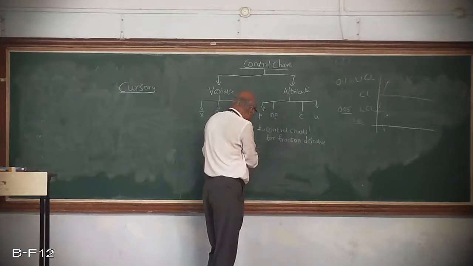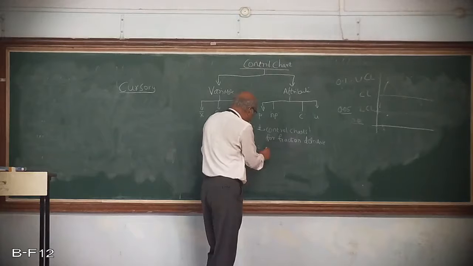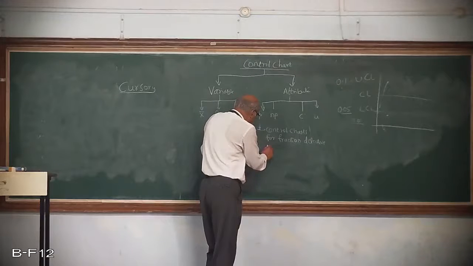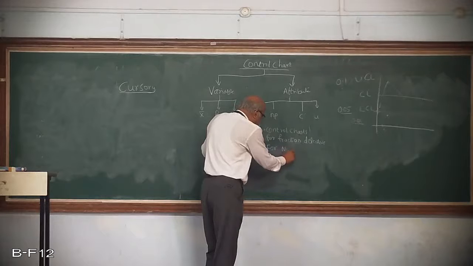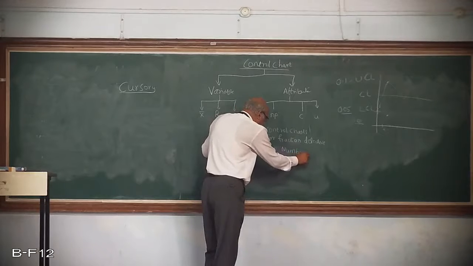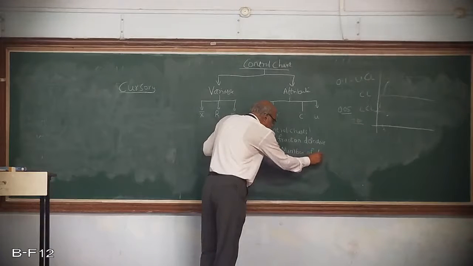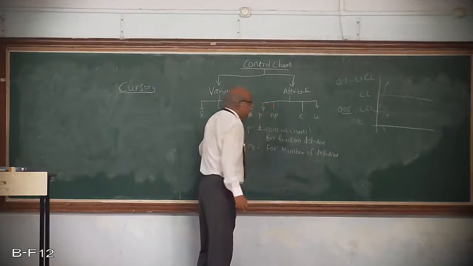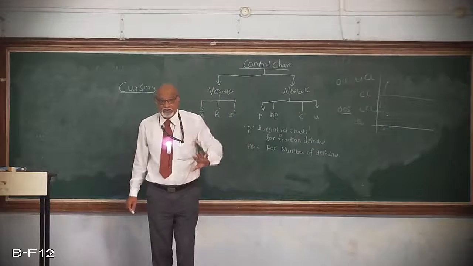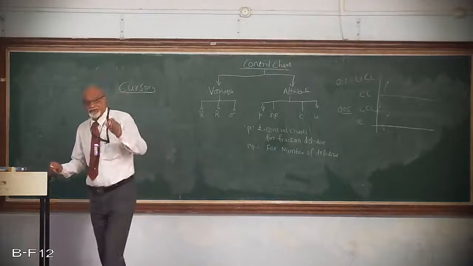So I was talking about the NP chart, that means the control chart for number of defectives. We need to decide which control chart is to be used when.